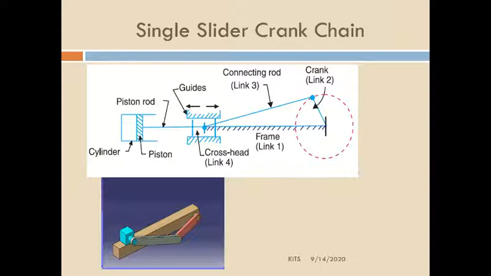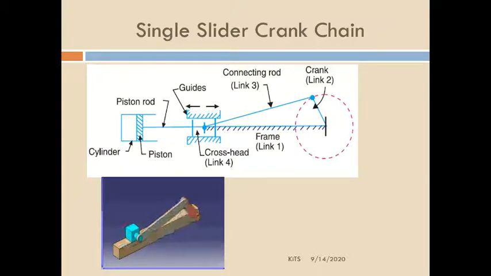First of all, single slider crank chain means you'll have a crank. The pink one is a crank, the ash-colored one is a connecting rod, the green one is a piston or slider, and the brown one is the fixed link. This is a slider crank chain mechanism.